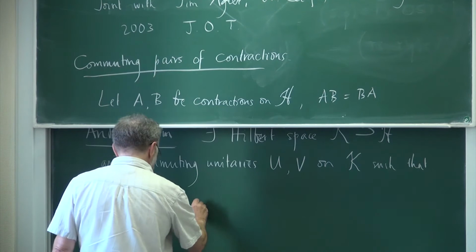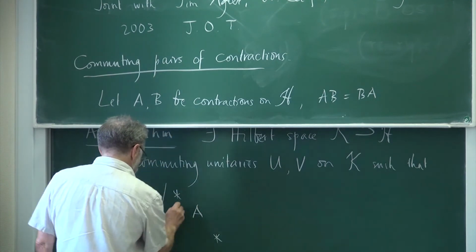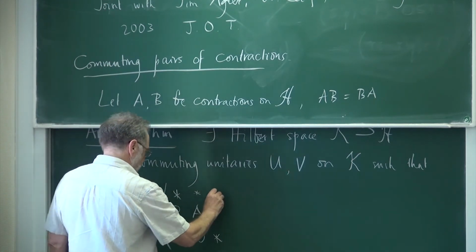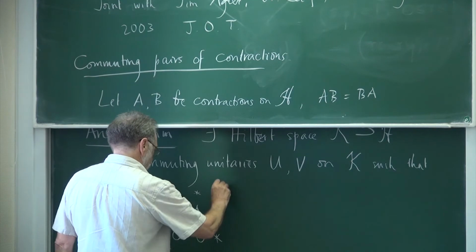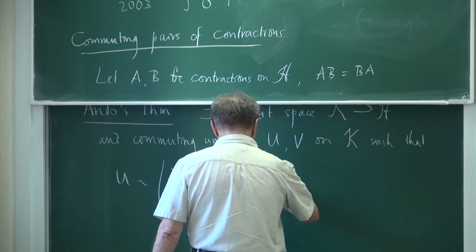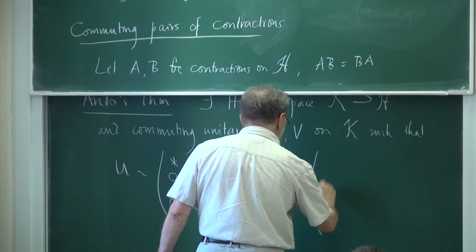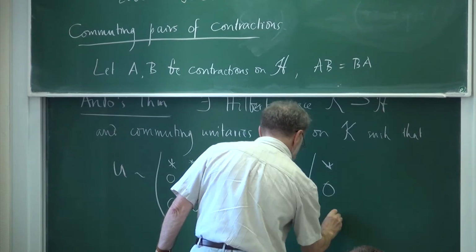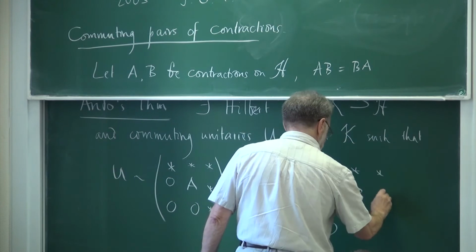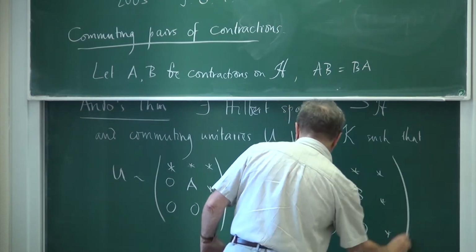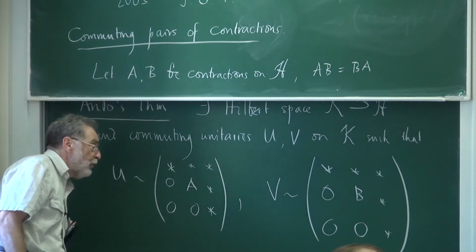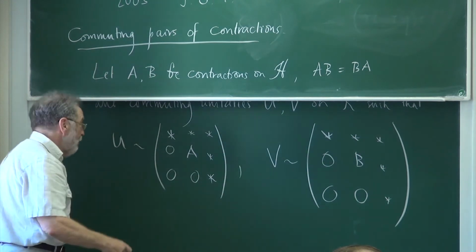It's going to have A in the middle, and it's going to have 0. So it's an upper triangular matrix. And V likewise only for B. And that's with respect to some orthogonal decomposition of K, of course, but it's the same orthogonal decomposition for U and V. That's the important part.